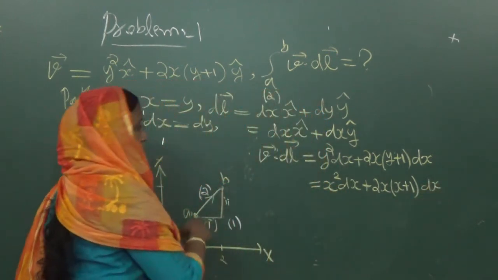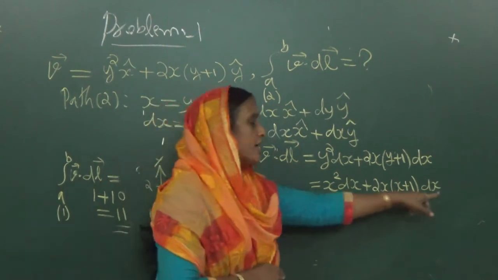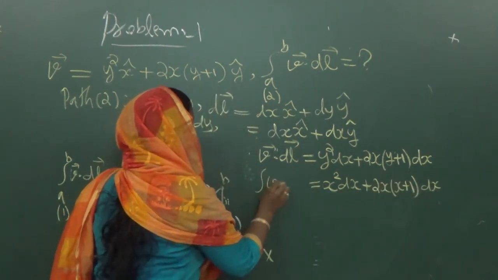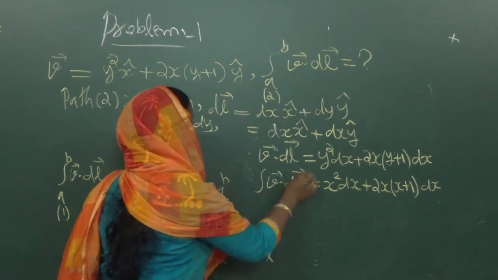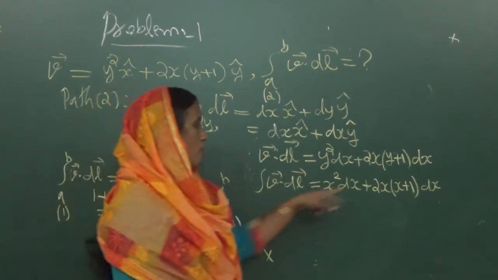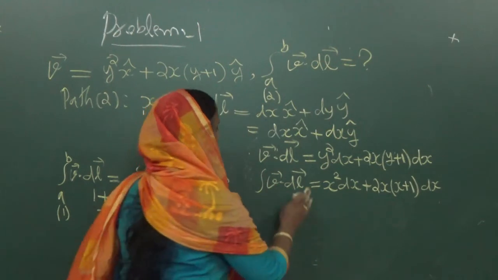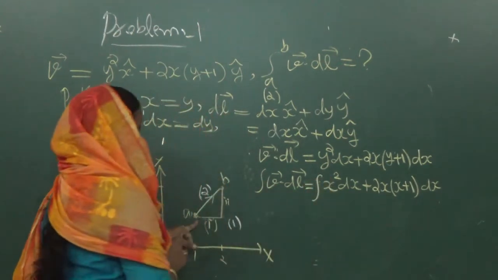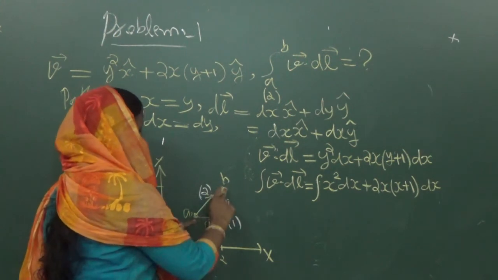Now the integration is over only dx. So you have the integral of v dot dl only over dx, and x varies from 1 to 2.